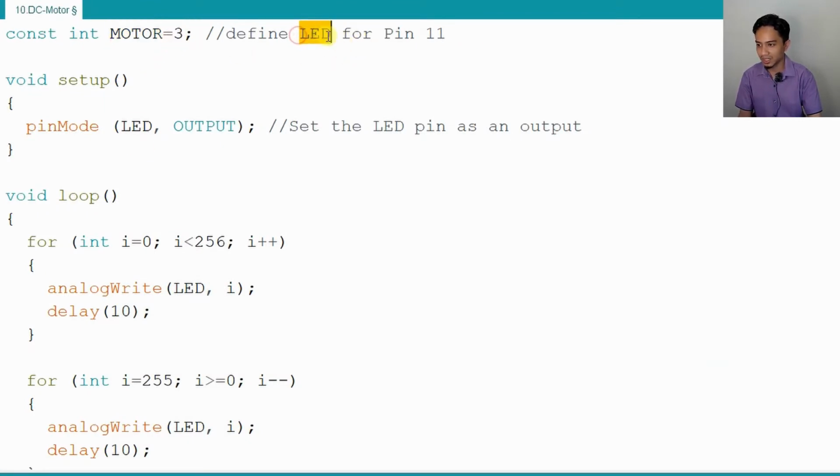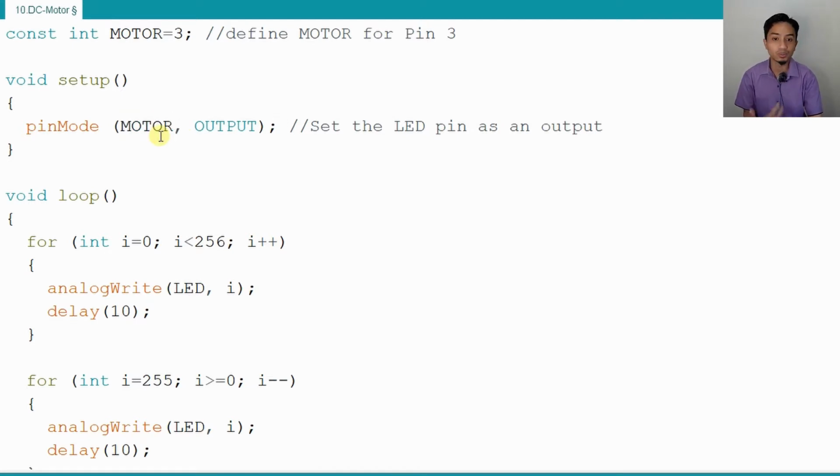So basically this is motor for pin 3. And because of that, we need to define motor as output. And then we just change here into motor. This is also into motor. Now you see why I just use this coding, because I can just copy and paste everything.